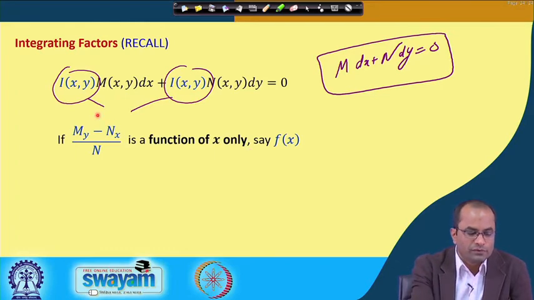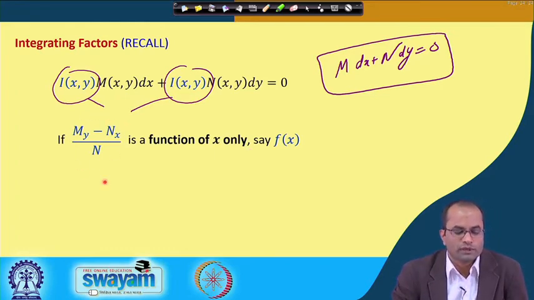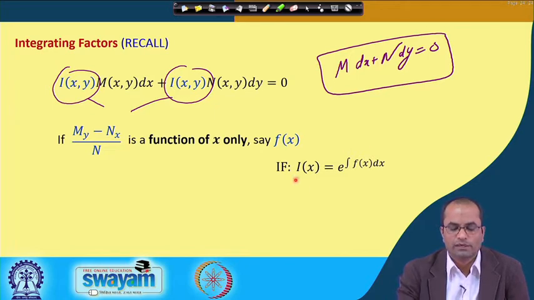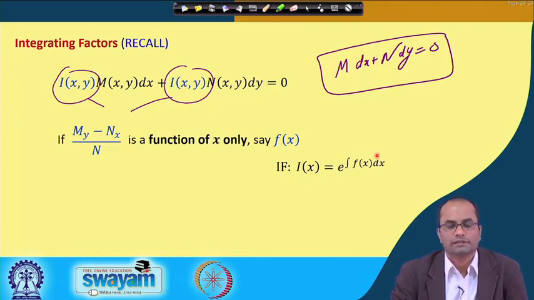So, one of them was that if (M_y minus N_x) over N is a function of x only, say f(x), in that case the integrating factor we can evaluate simply by e to the power integral f(x) dx.